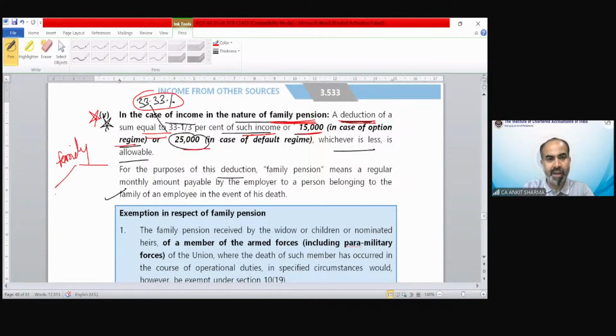if you are following the optional tax regime, then the deduction is 1/3 of pension or 15,000, whichever is lower. You can claim that as an expenditure, not an exemption. If you are under the default tax regime, then it's 1/3 or 25,000, whichever is lower.